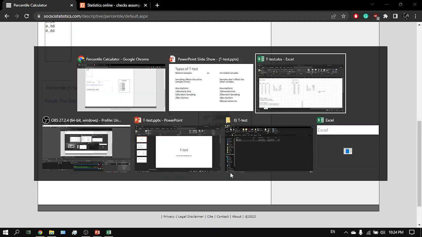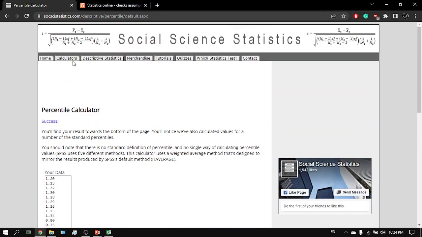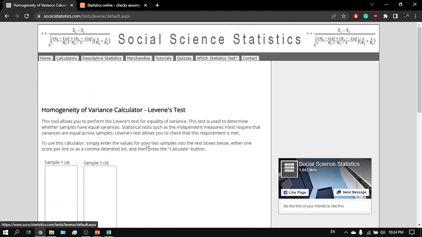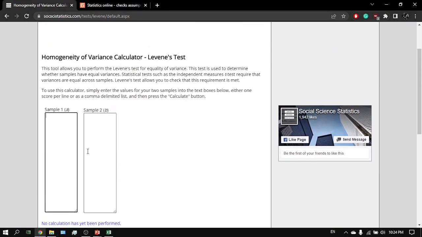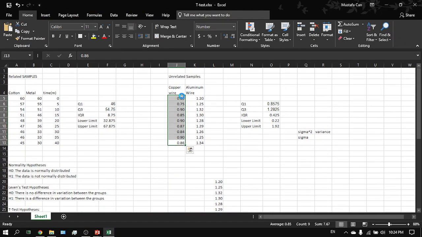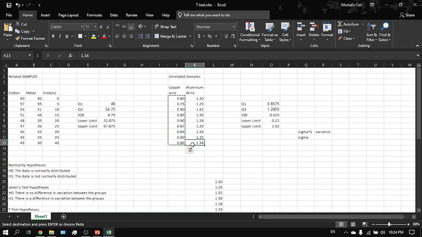So let's take my data here. Let's see if we have equal variances calculators. Levene's test of homogeneity. Sample 1, sample 2. Let's see. I take my samples. Bam. My samples.